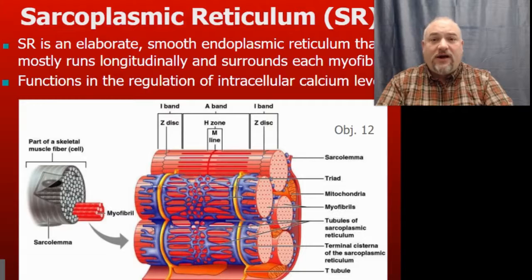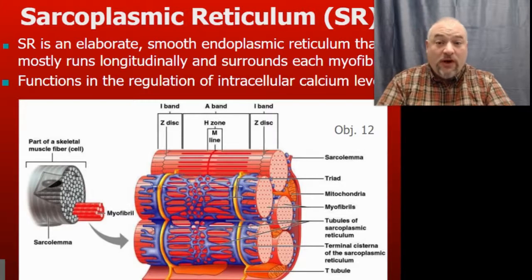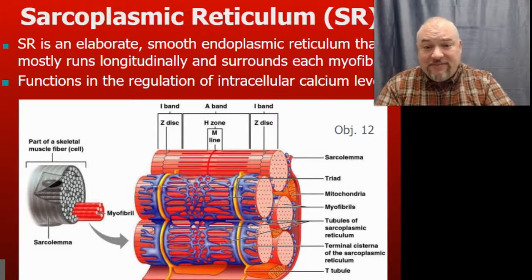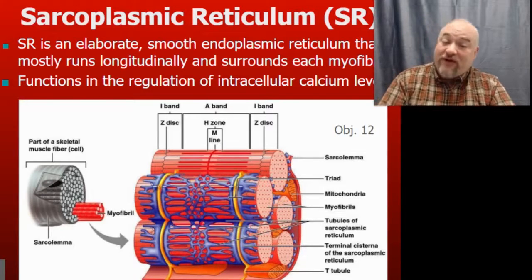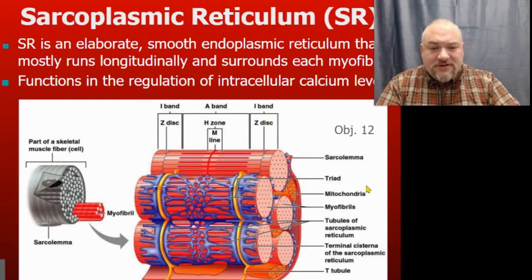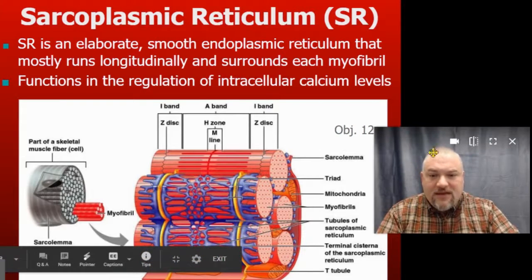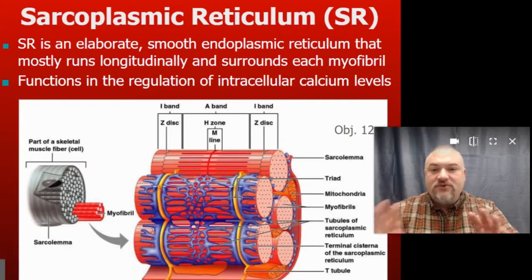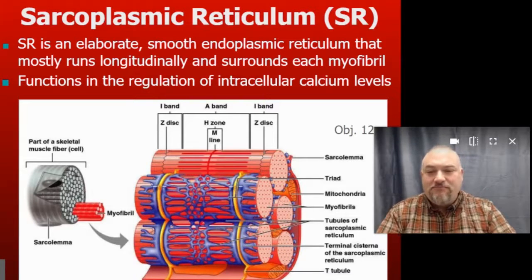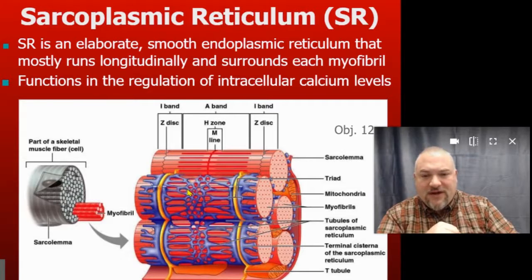So another new organelle we want to talk about is the sarcoplasmic reticulum. It's not really new. It's a modified version of the endoplasmic reticulum. The sarcoplasmic reticulum is an elaborate, smooth endoplasmic reticulum that mostly runs longitudinally and surrounds each myofibril.